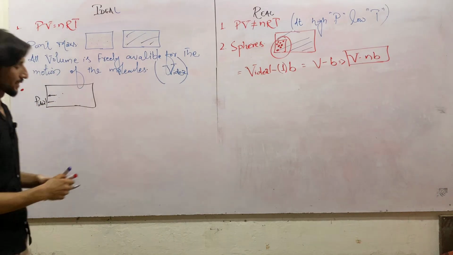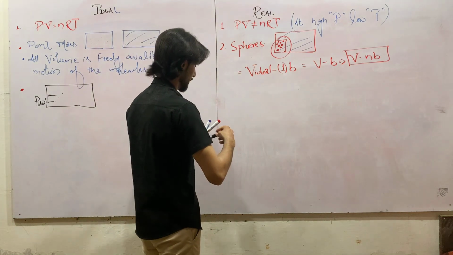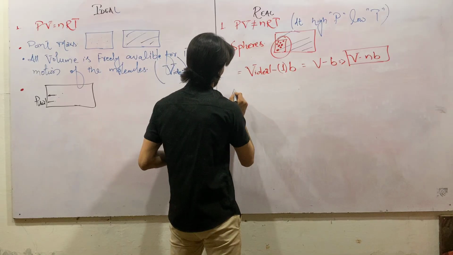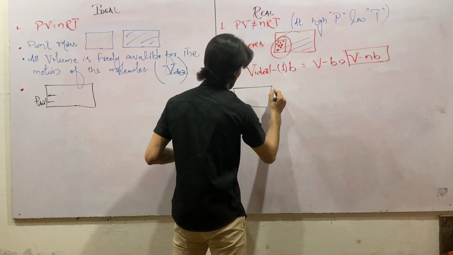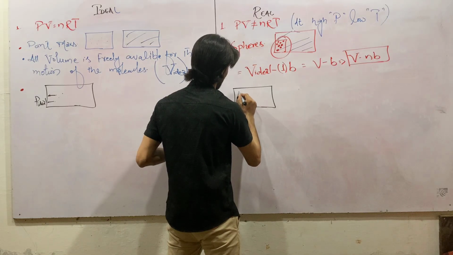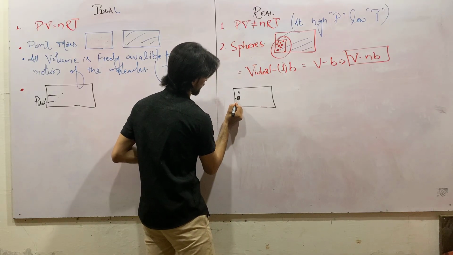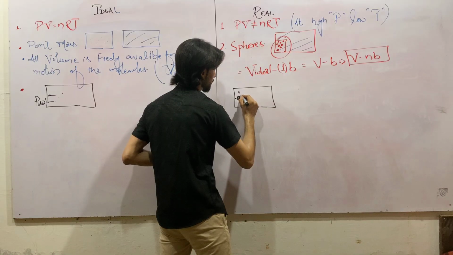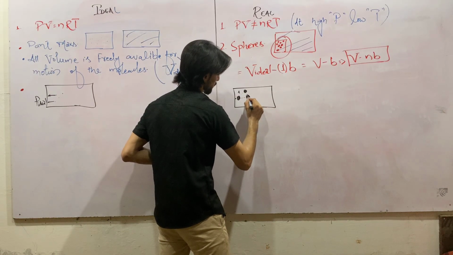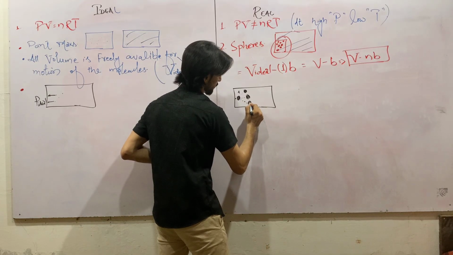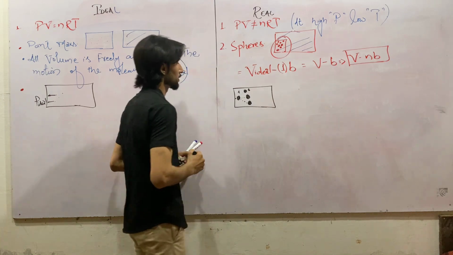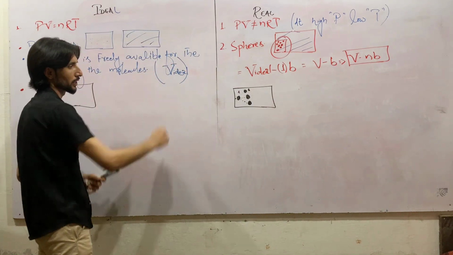But what happens in the real case scenario, we are finding the molecule to be slowed down because of the interaction with other particles. Suppose this is my molecule A reaching the wall of the container and is about to hit it. But here we are finding other molecules of kind B, suppose, interacting with my molecule A and reducing the speed with which it is going to hit the wall.